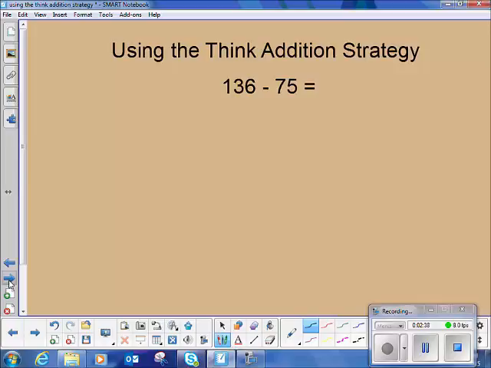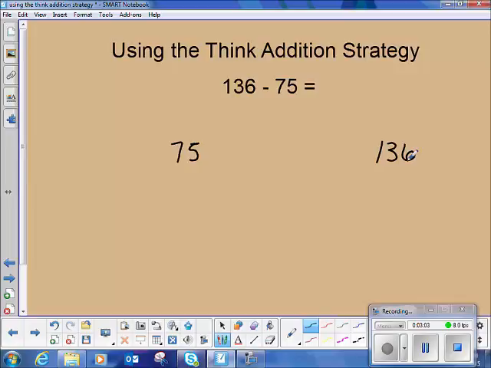This is a way that children can record their thinking as they use their mental math to do this problem. We still know that we're going to start, because we're doing the think addition, with the 75. We do know that we're trying to get to 136, so students can still record both of those numbers on the paper. The arrow method sometimes is a little friendlier recording method for some students.